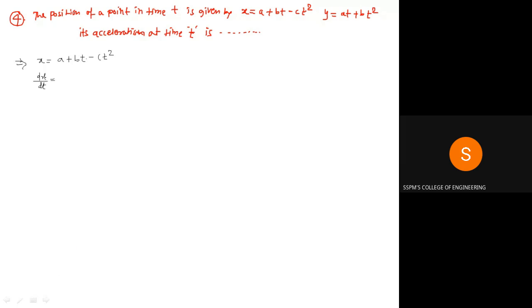What is the derivative of x with respect to t? In this case, you take t as the independent variable. So what is the derivative of a? It is 0, plus b is a constant and the derivative of t with respect to t is 1, minus the derivative of t square, which is 2t, means 2ct. So this is dx by dt.